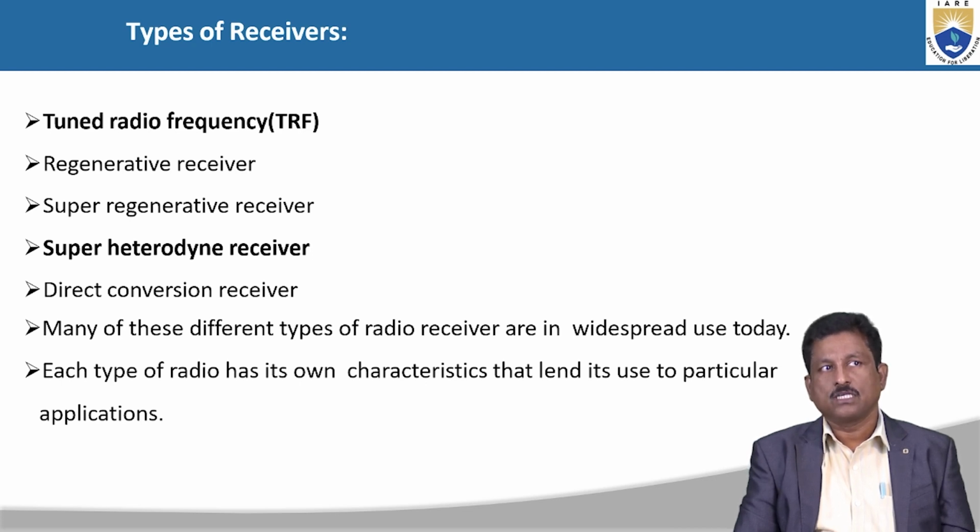Even though many signals with different frequency ranges are available in space, because of the tuning in our TRF receiver, it tunes to the desired frequency and rejects the unwanted signals. So the filter allows only the wanted, desired frequency signals, and the remaining will be rejected. That is the tuned radio frequency receiver's main function.